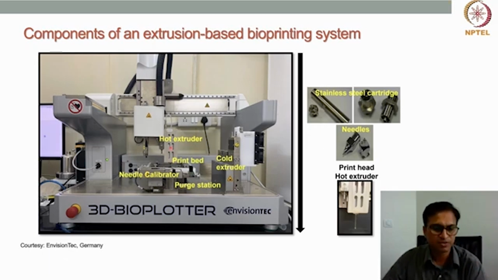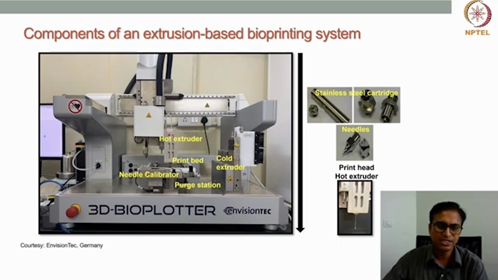For thermoplastic materials, where the material should be liquefied before printing, the hot extruder can take care of that. Similarly, a cold extruder is here, where suppose we need to print the material at low temperature, like less than room temperature. There also the temperature can come down.